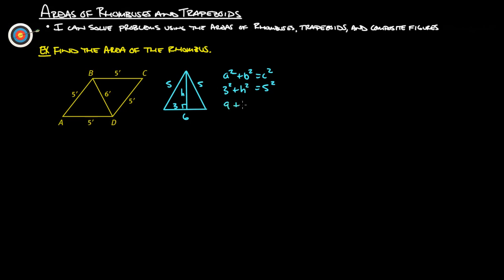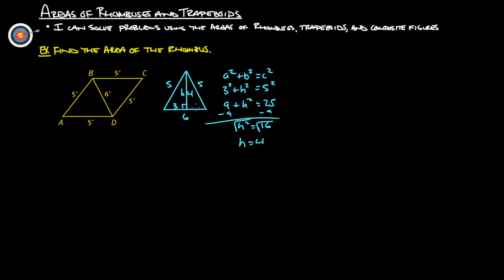So 3 squared gives us 9, plus h squared equals 25. Subtract 9 from both sides, and we get that h squared is 25 minus 9, which is 16. That works out nice. Square root both sides, and we get that our height h is going to be 4.